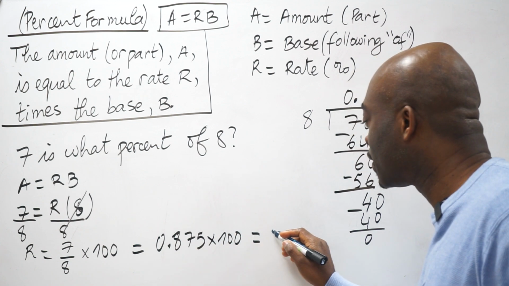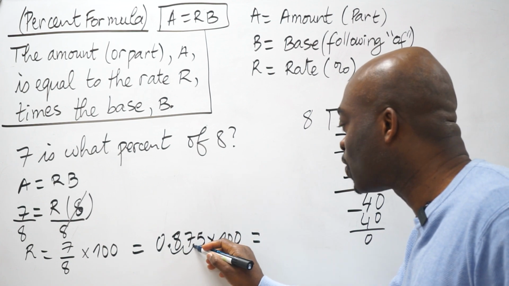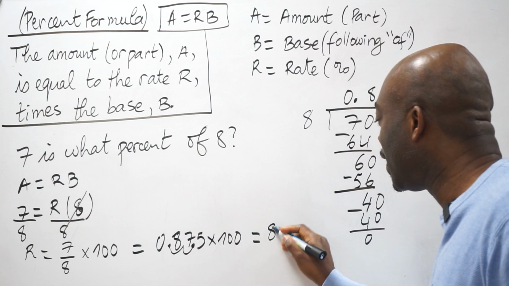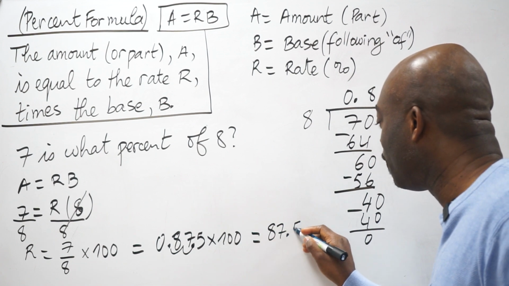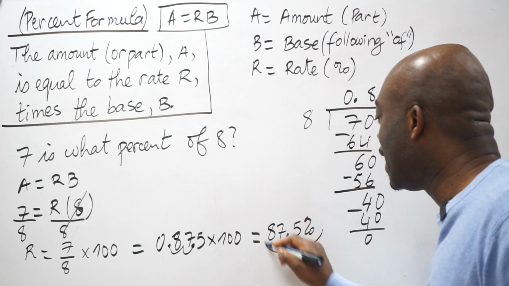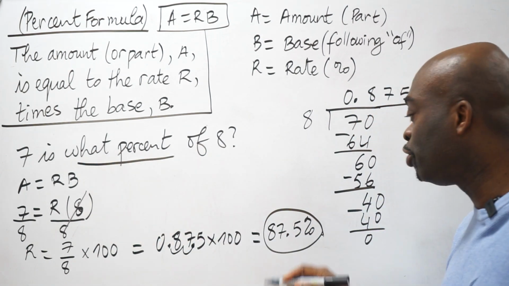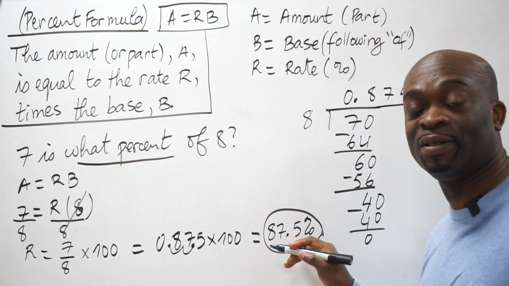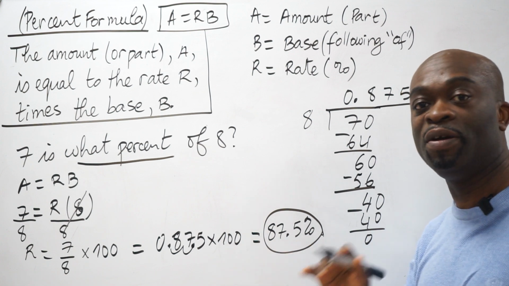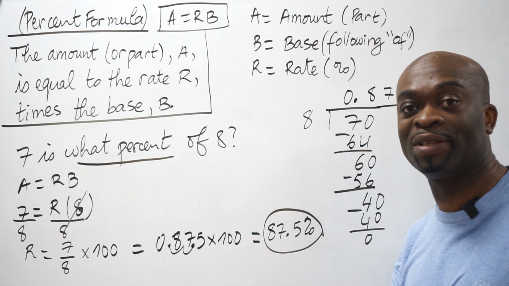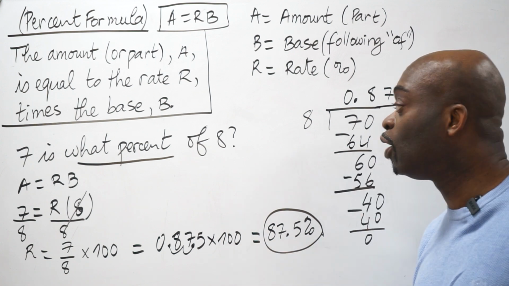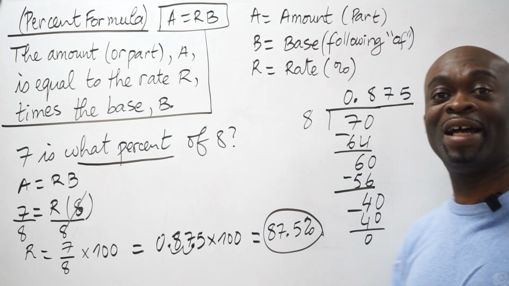Once, twice, so the decimal is here, and you end up with 87.5%. Because you are looking for the percent, you have to put the percent symbol. Very important, because a lot of times people forget about it. We do not want to do that. So here we are. All right? Thank you.